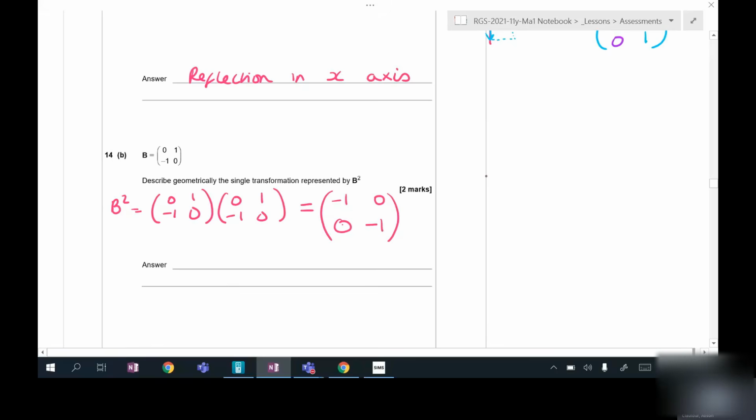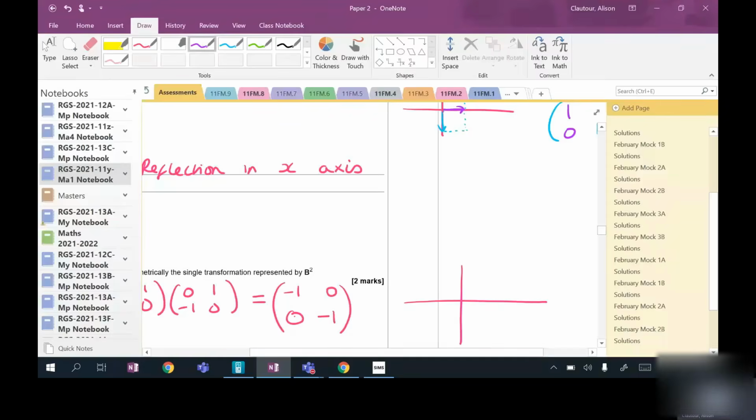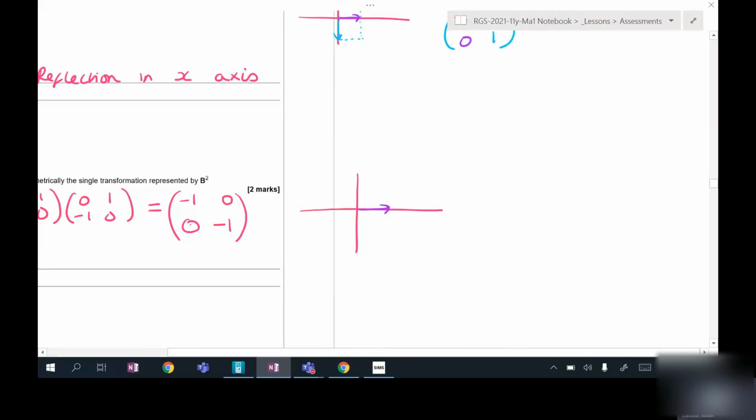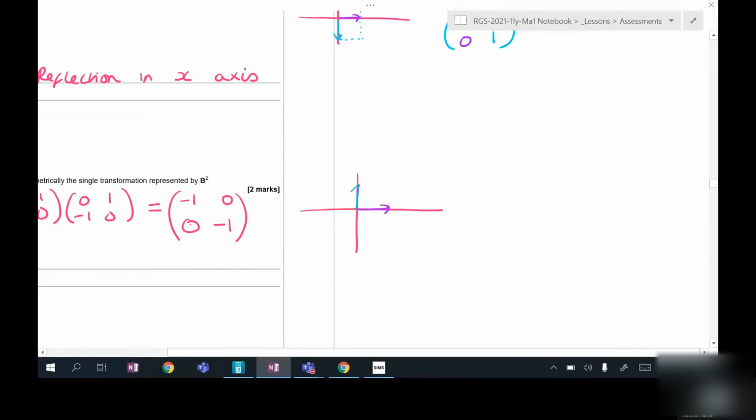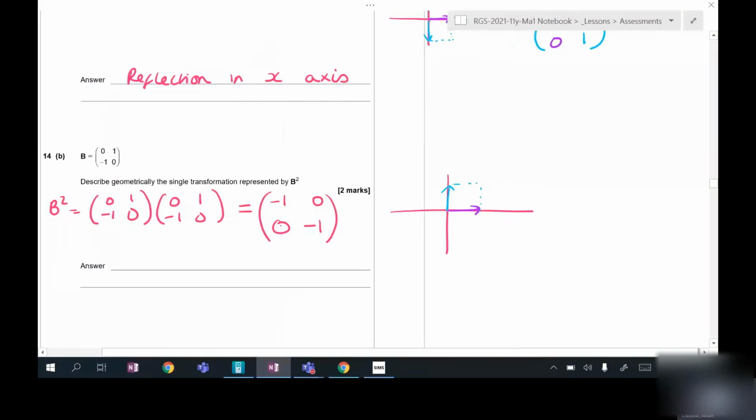Okay, so if we draw minus 1, 0, and 0, minus 1. So let's go with blue, purple there, and blue here again. Your purple one is first column, so it's gone minus 1, 0.